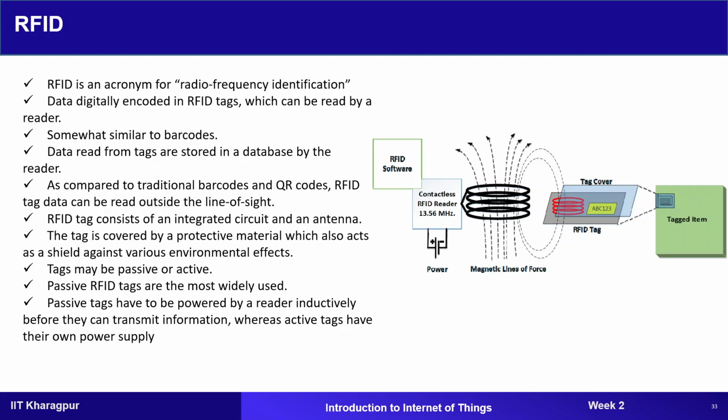Basically, in the operation of RFID, on the tag there is a magnetic field, and the RFID reader also generates some magnetic field. So whenever you put your reader closer to the RFID tag, there is some interaction between both magnetic fields, with the help of which the reader gets to know about the data which is encoded on the RFID tag.